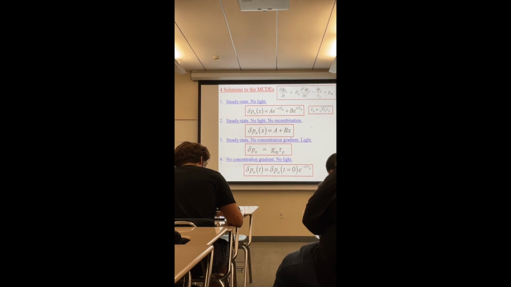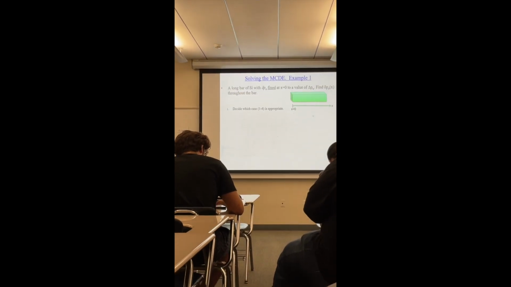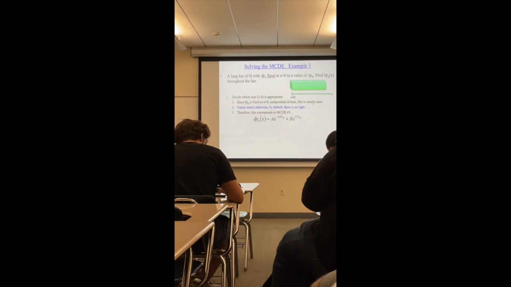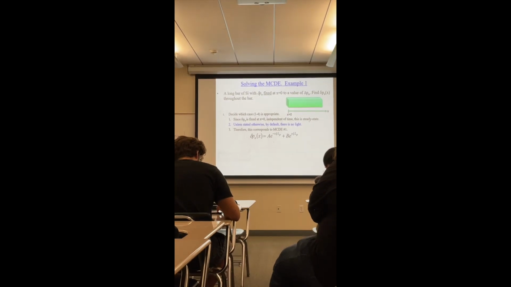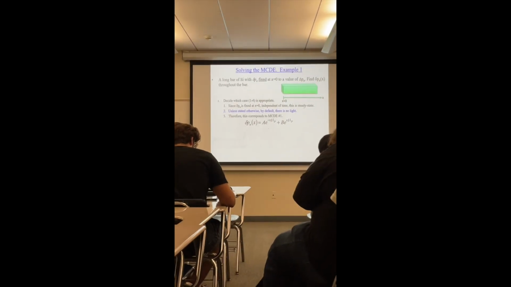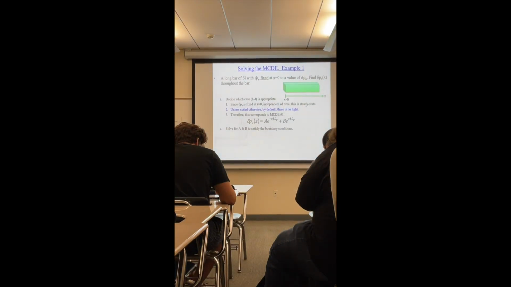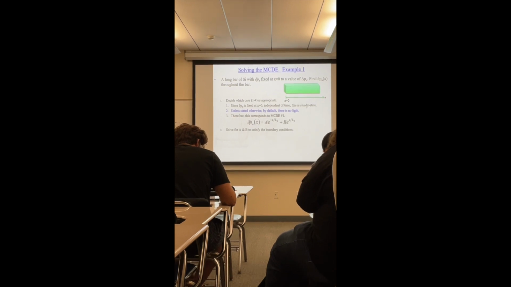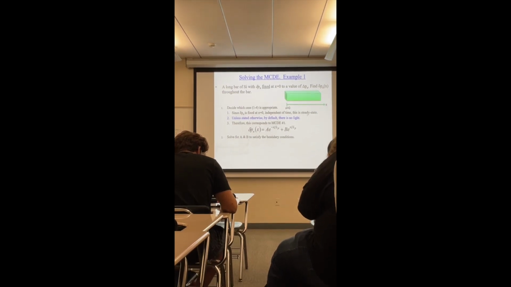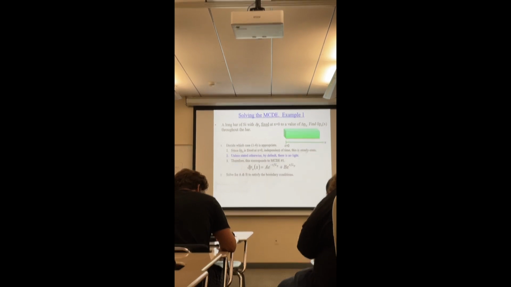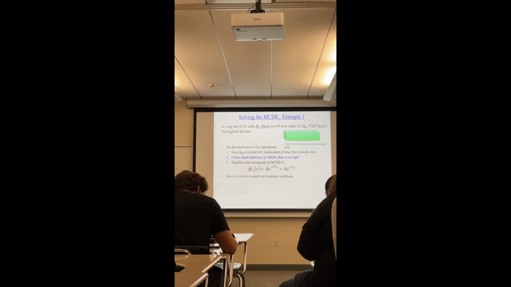And for the first case, this is the general solution. So we'll use this general solution here and try to find the exact values for A and B. To solve for A and B, we need to use the boundary conditions. What boundary conditions can we use? x equals 0, yeah, exactly.